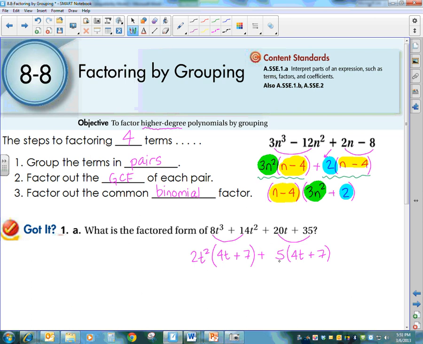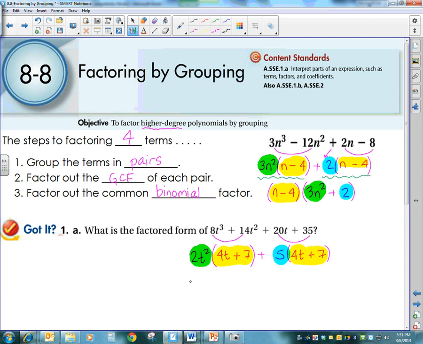Well, hopefully you see that's a 5, so 5 times 4t is 20t, and 5 times 7 is 35. And that's something to keep in mind so that if you ever get stuck when you're trying to find that GCF, because if these two terms don't match, then you're not going to be able to go any further with your factoring by grouping.